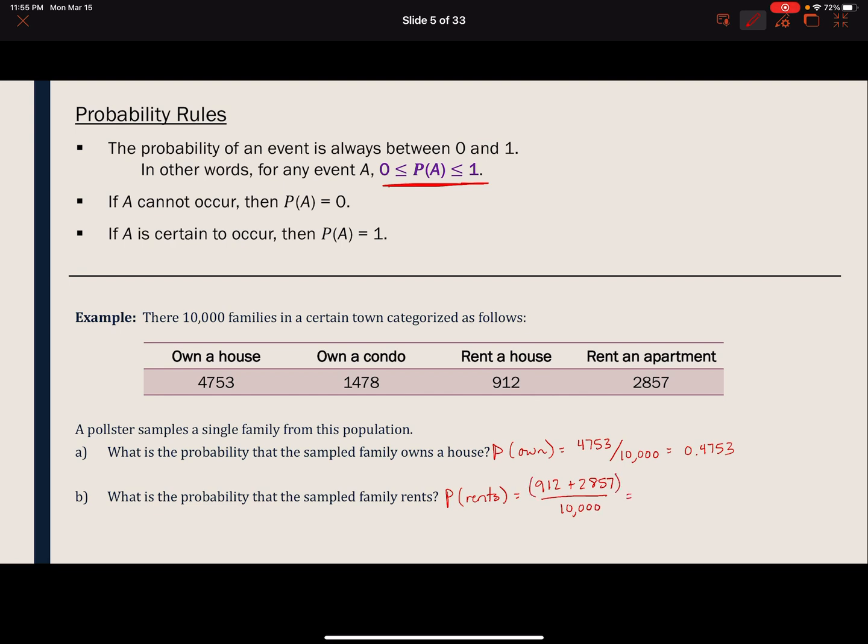And for that, I have all my calculations in a notebook here. We have 3769 out of 10,000, giving us 0.3769.